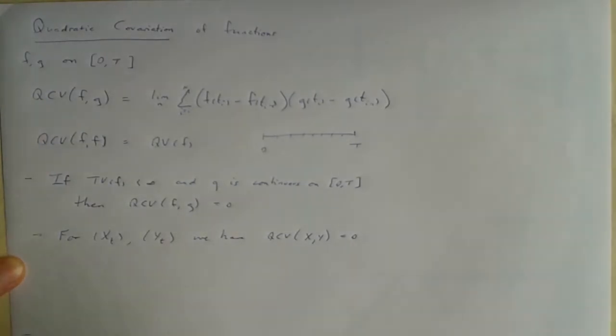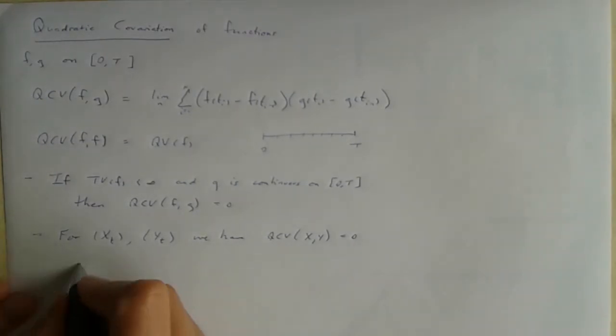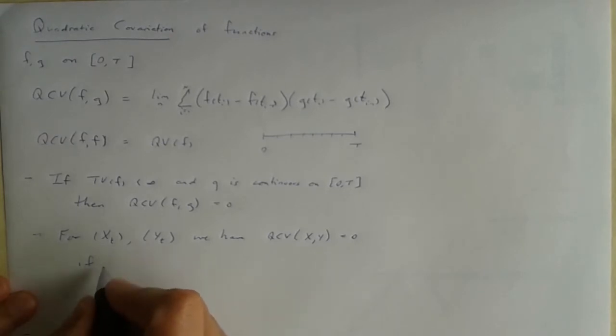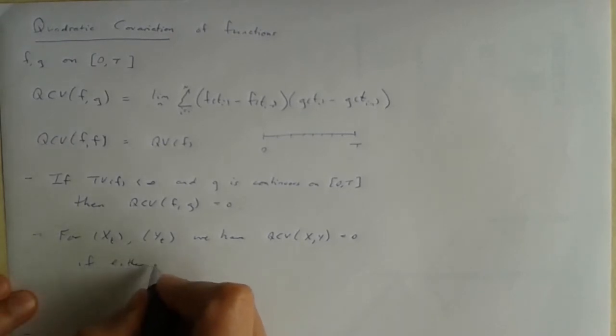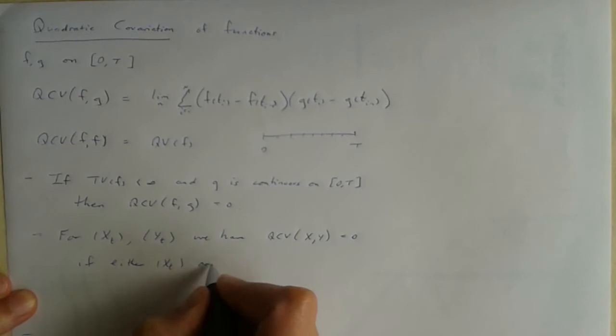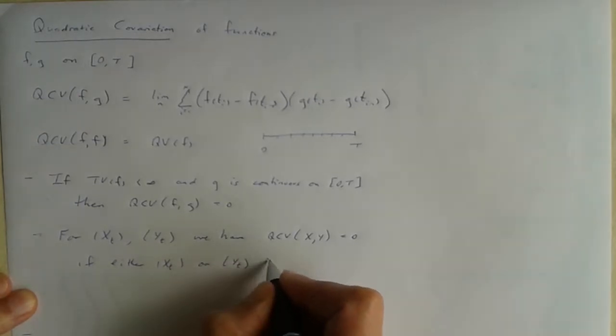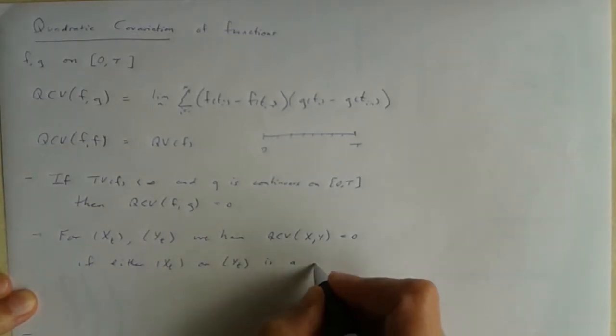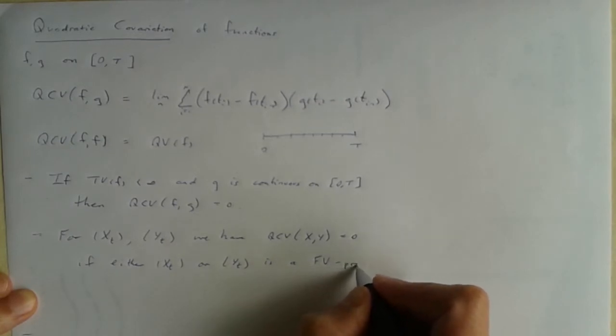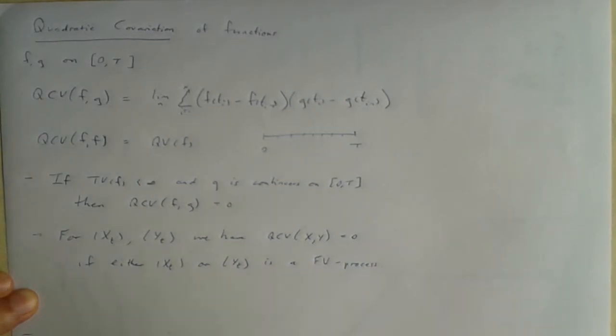Well, one time when it will be 0 is if either x or y is a finite variation process. So if either one of them is a relatively smooth function, i.e. not a typical Ito diffusion, then the quadratic covariation will be 0.